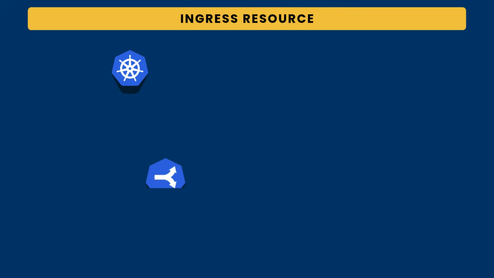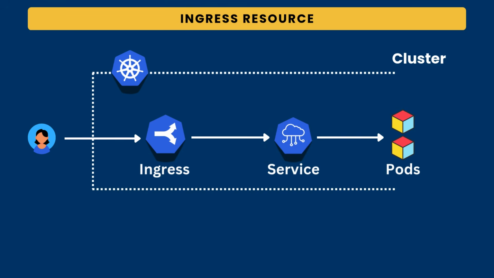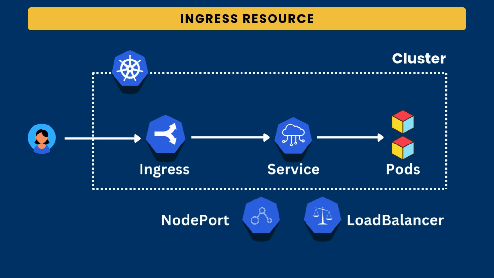In Kubernetes, an ingress is like a smart traffic manager that controls how requests from the outside world reach your service inside the cluster. Normally, services are exposed using NodePort or LoadBalancer, but those methods are either limited or cloud dependent.